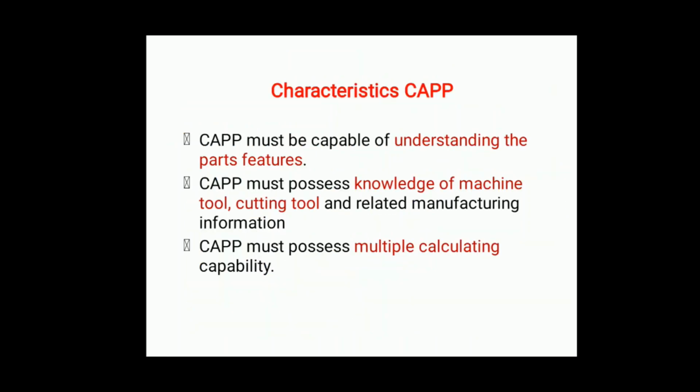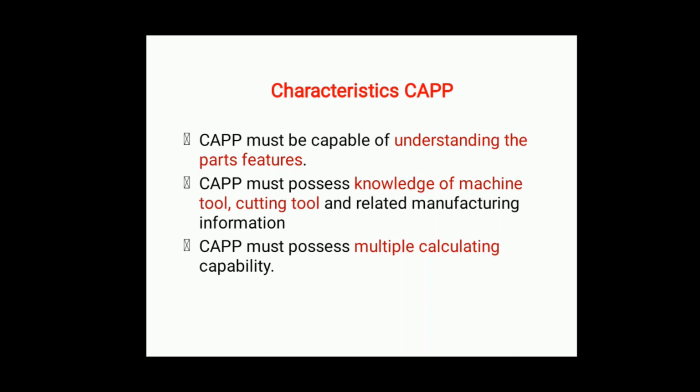Next, computer aided process planning has the following characteristics. First, CAPP must be capable of understanding and analyzing the part's characteristics, meaning it must know the material property and specification of the part.